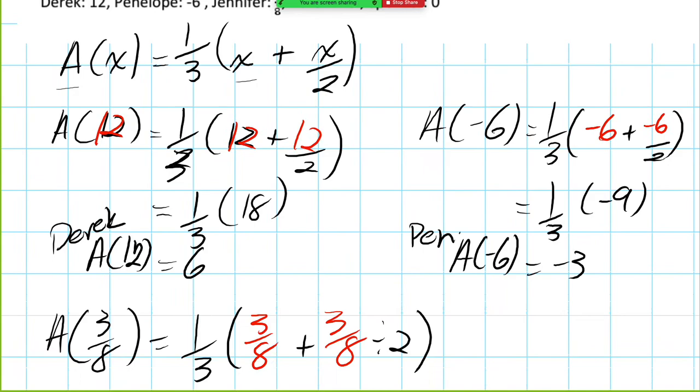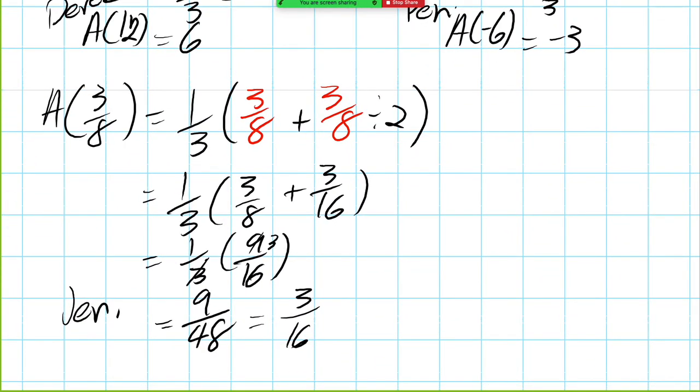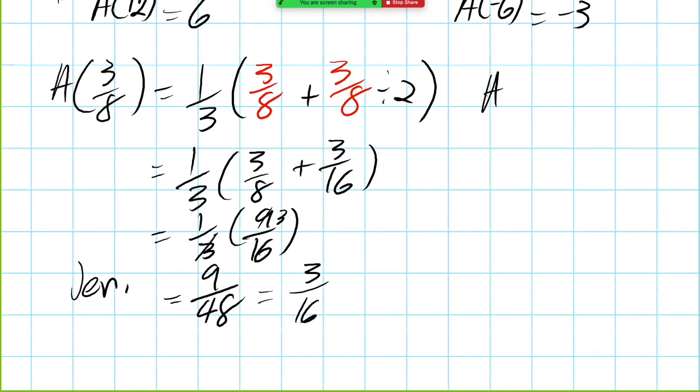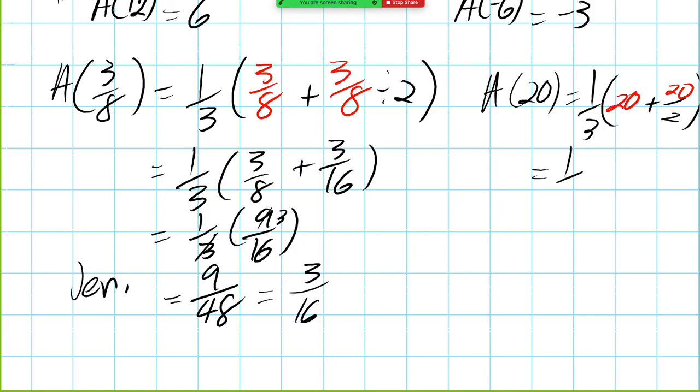We still have Aaron's answer, which was A at 20. We'll put it through the paces of the equation here. 1/3, we get 20 plus 20 divided by 2, or half of 20, which I know that one's a bit easier for mental math. We get 1/3.